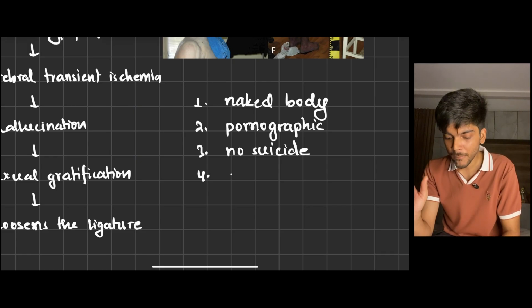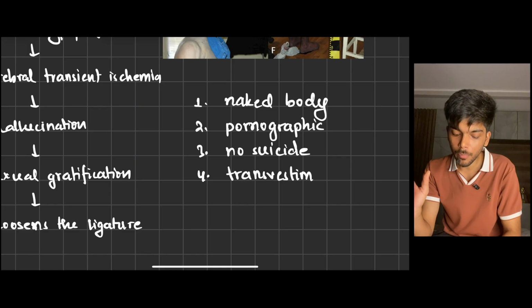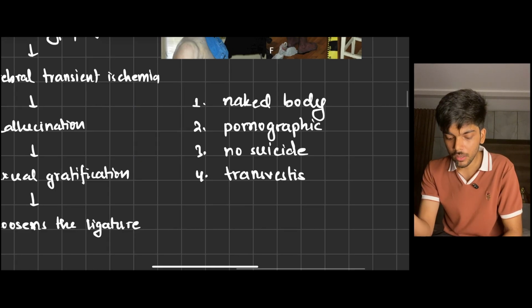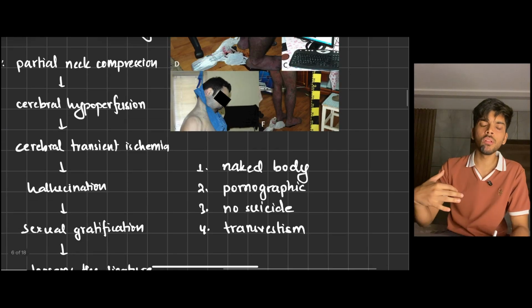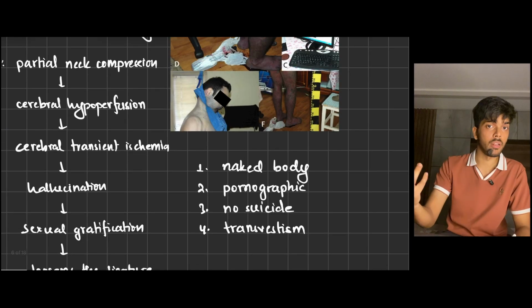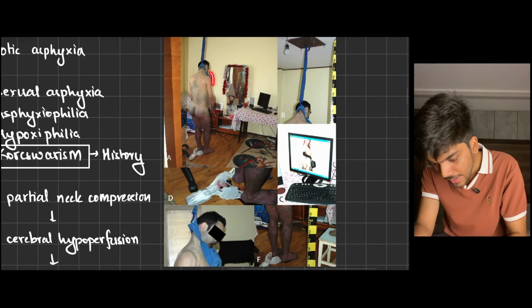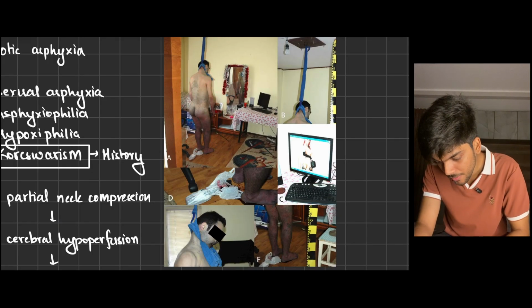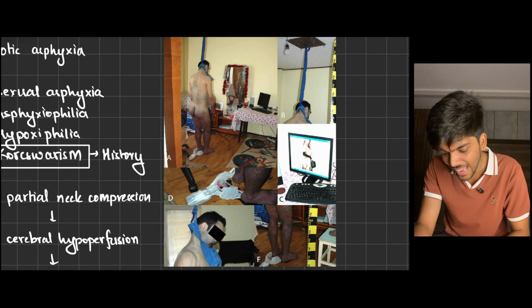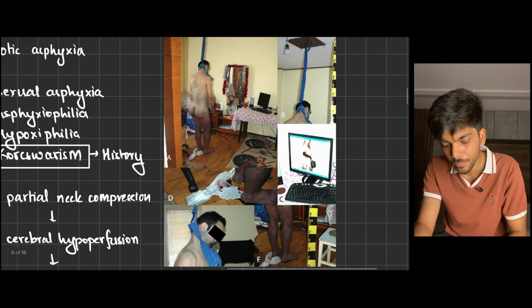And number four, probably transvestism. Transvestism is when a male wears female cloth and a female wears male cloth. So you can look at the site. There's the naked body, there's the evidence of pornographic material, and there's no suicide note.